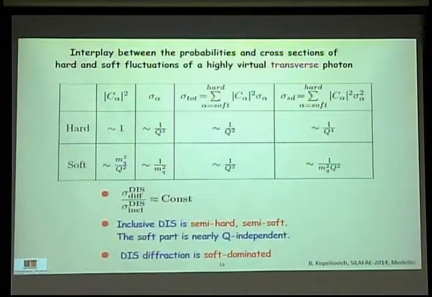And another observation from this simplified table, this was one of the first experimental observations here, which surprised many people, is that the fraction of diffractive excitation relative to inclusive is practically Q-squared independent. And you can see it from here. If you take diffraction over inclusive, it's Q-squared independent.